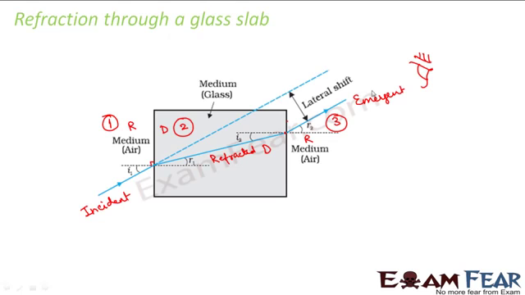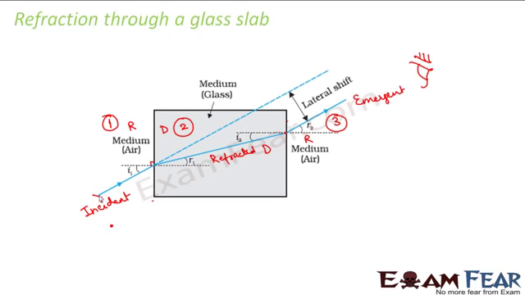So that means somebody who is observing an object is not observing the real position of that object, because there is a lateral shift involved between the actual incident ray and the emergent ray, and the emergent ray is the one which reaches the eye of the observer. Let us suppose this ray reaches the observer's eye, he will assume that the incident ray is coming from some point here.